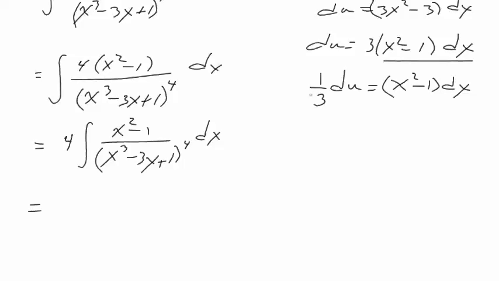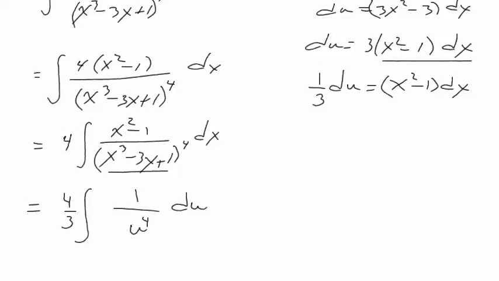What do we do with the 1/3? We bring it out front. So 1/3 times 4 is just 4/3. We took the 1/3 out front, so we're just going to write the du here. We have 1 over, and this piece gets replaced with the u, and there we are. Okay, easy enough.